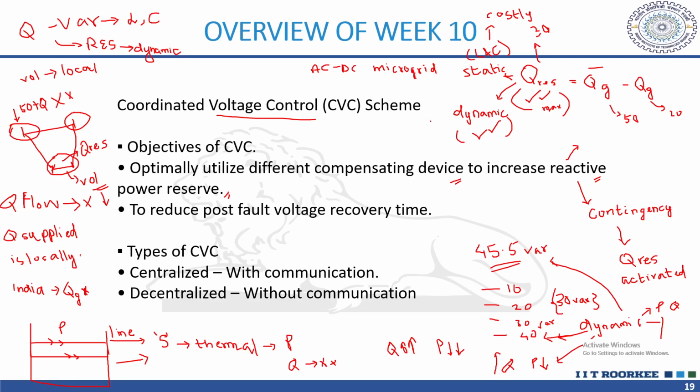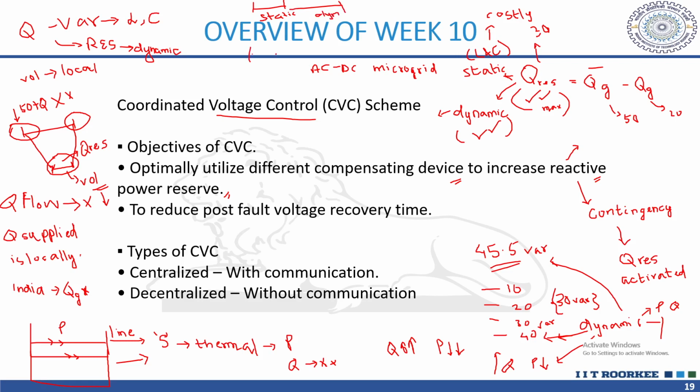For these things we will require dynamic reserves, and this can be provided by battery connected renewable energy resources. Wind also has the capability of dynamic reactive power reserve. These generators we also have. So over a long period of time, we manage the voltage through static devices, but in a shorter period of time, in transient conditions, we activate these dynamic VAR reserves.